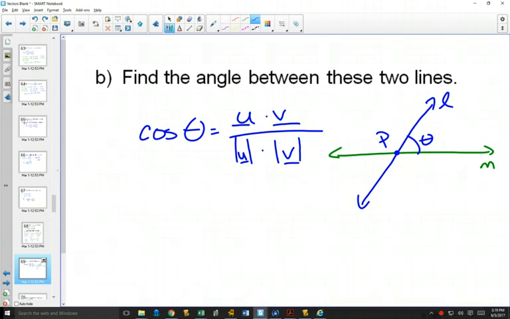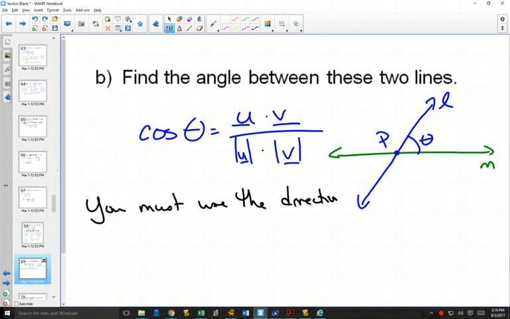In order to do that from the equation, the key thing is you must use the direction vectors, because it's the direction of L and the direction of M, when they're put together, that's going to help you find the angle between them.